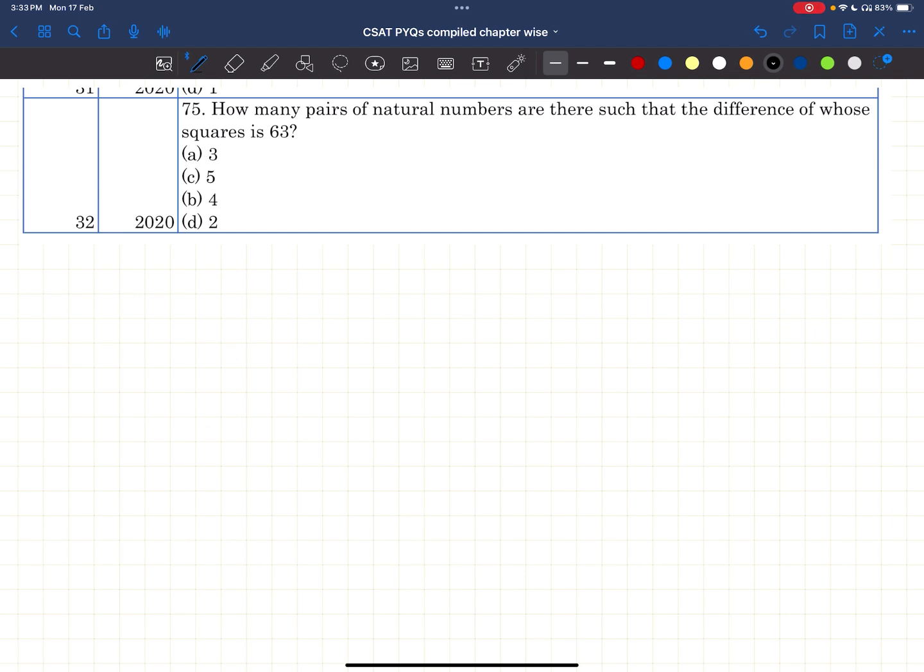How many pairs of natural numbers are there such that the difference of whose squares is 63? We'll consider x, y to be the pair of natural numbers. What is it telling? The difference of squares. That means x square minus y square of this pair should be equal to 63, right?